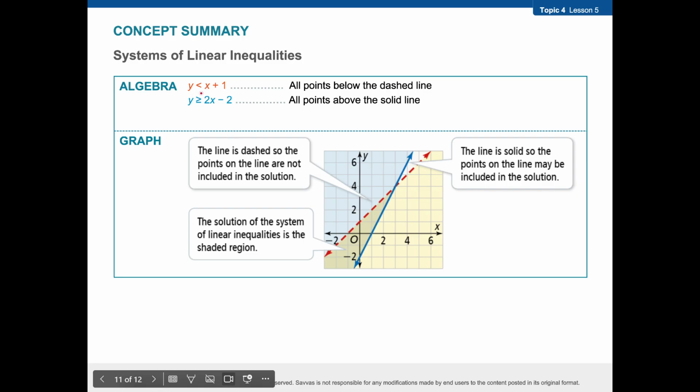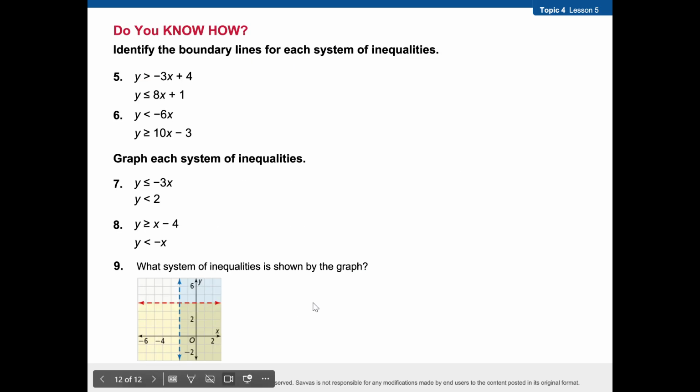So less than, all points would be below a dashed line. Greater than or equal to, all points above the solid line. This would be dashed, shaded above.